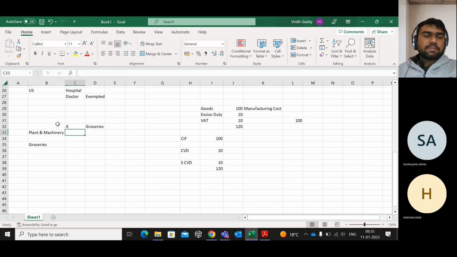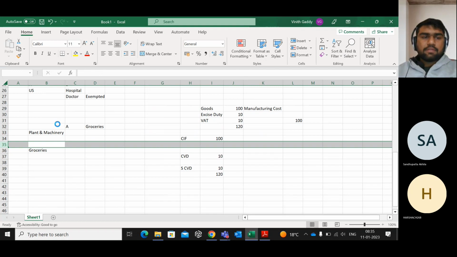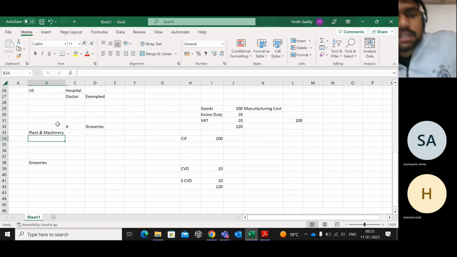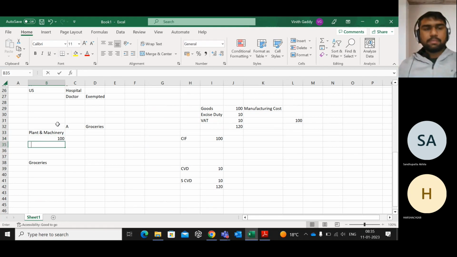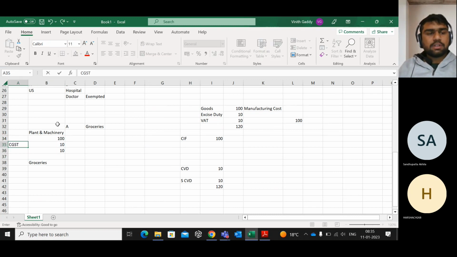Why the government introduced that provision: he purchased plant and machinery for 100 rupees. He paid GST of 10 rupees CGST and 10 rupees SGST.